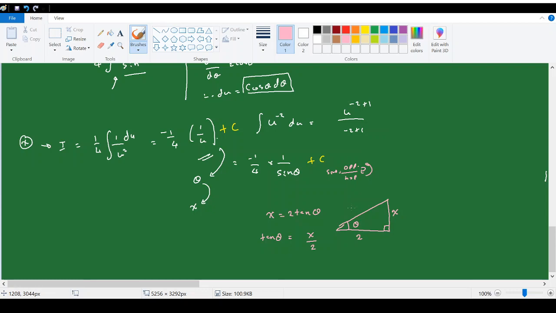Anyway, we have to find the hypotenuse of this right angled triangle, which is equal to the square root of x squared plus 2 squared, right?